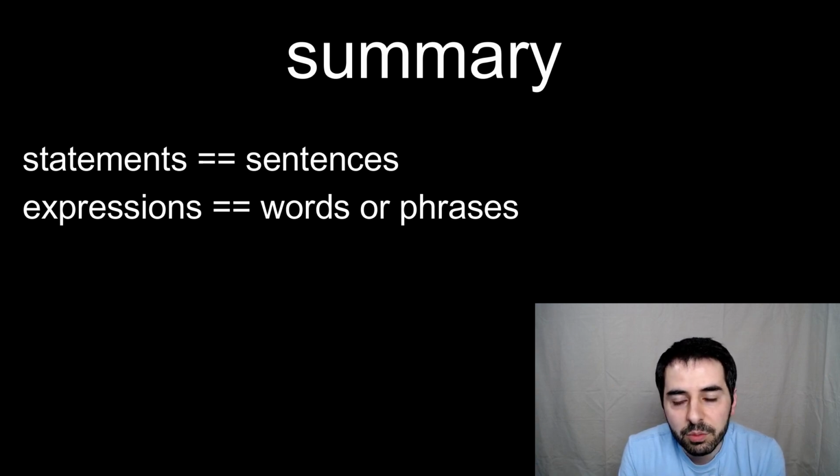Expressions would be maybe words or phrases. Then we have comments, which don't really have an equivalent. We have literals, which are source code for fixed values of given types. And then we talked about blocks.